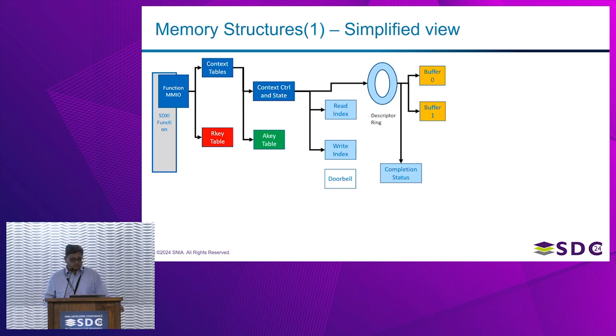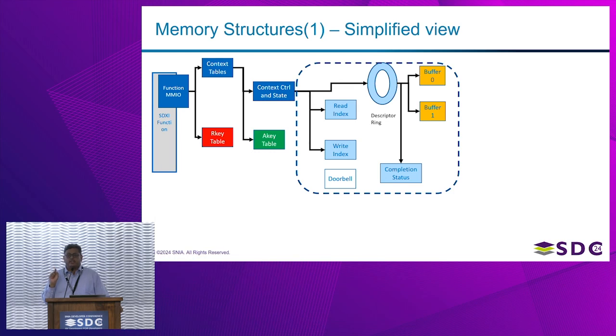Now, this shaded region that I'm calling out is where the user space or non-privileged users can actually control and perform any kind of data movement or transformation. The outer shaded region is where privileged software has a lot more control. This is important.